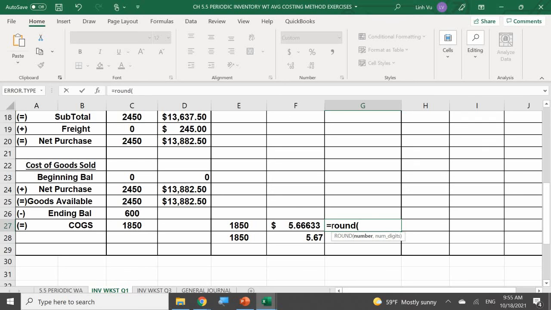The first argument is the equation you are trying to solve. In this case, I'm trying to solve for my quantity times my cost per item, and then you end your argument with a comma. The next argument is how many decimal places you are going to round this answer to. In this case, I want the nearest penny, so that means 2 decimal places.